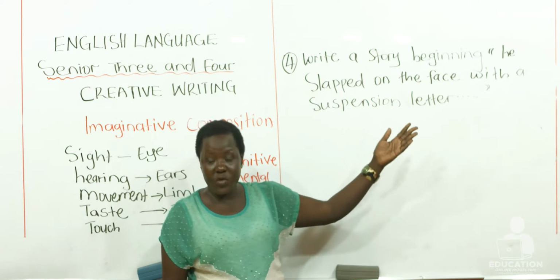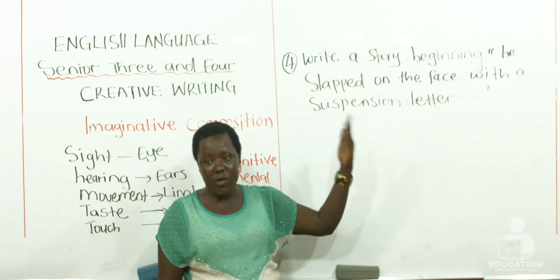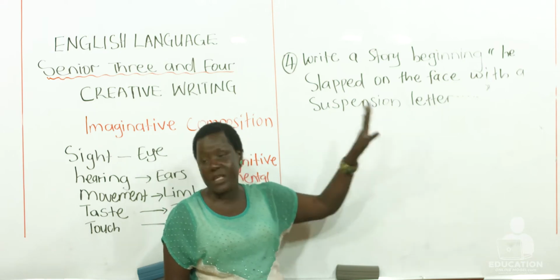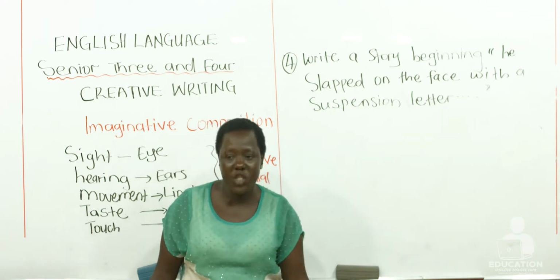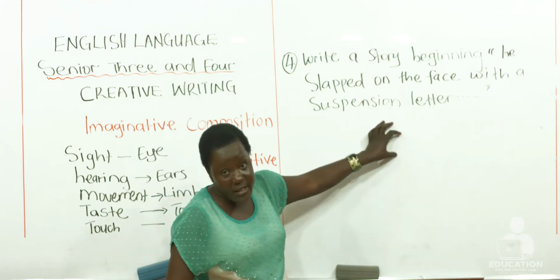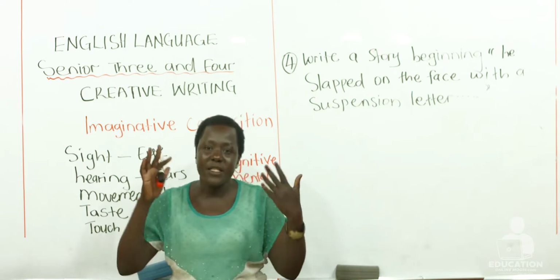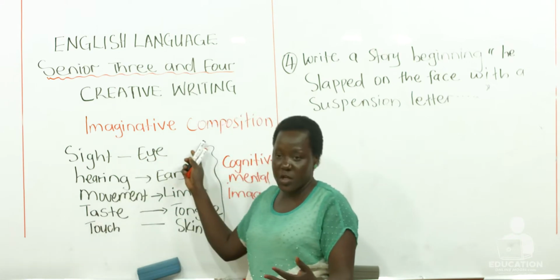You can even assume you are an employee of an organization, but this suspension was given to you by your superior or the manager, the director. So you can create a story under this one. This is how we write imaginative composition.